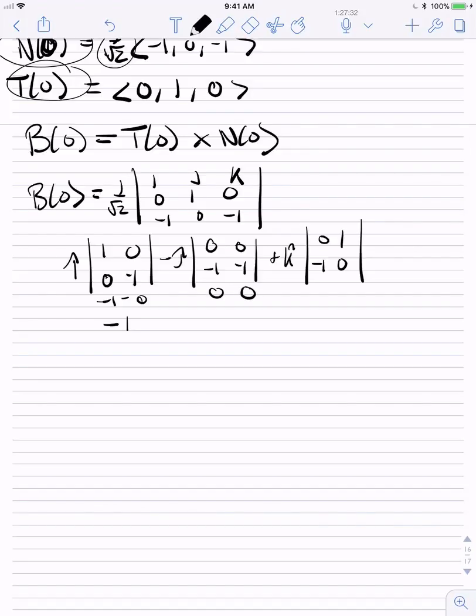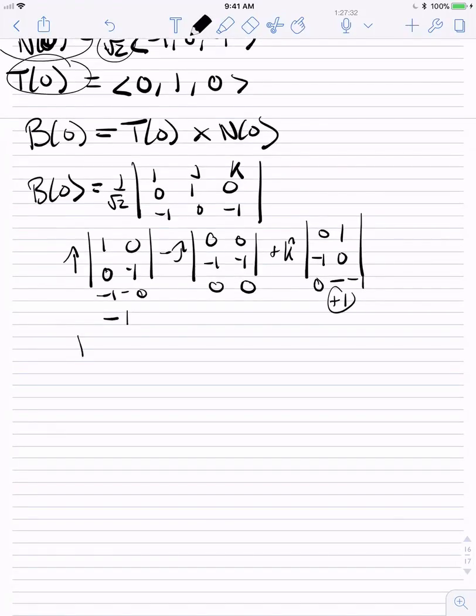We get nothing in the j. And then we get 0 and then a negative 1, but we're subtracting them, so we get a positive 1 here. So our b of 0 would be negative i hat plus k hat. And then we still had this constant over here, which is just 1 over root 2. So this is our binormal vector.